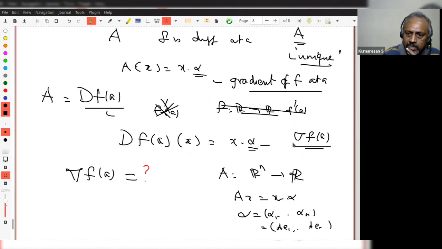Therefore, what is del f at a? This is the gradient of f at a, this is your alpha. Therefore, what is its ith coordinate? The ith coordinate is dfa, that is your capital A, acting on ei. Go slow. Please understand, these are very trivial issues.